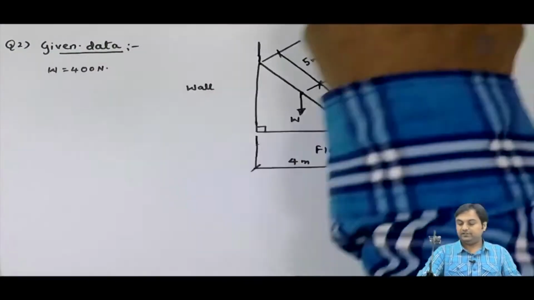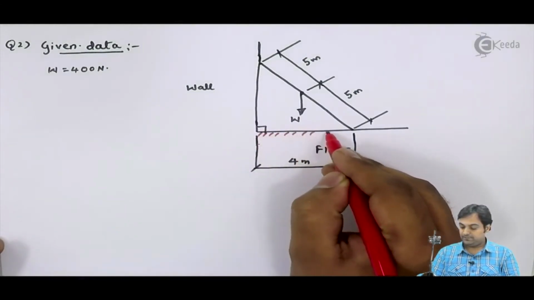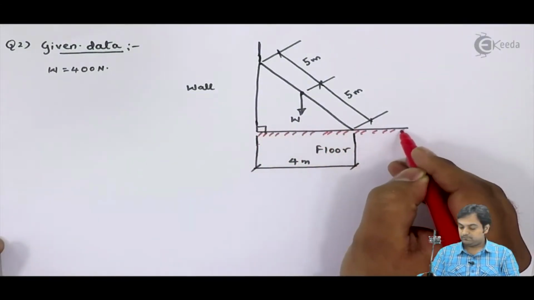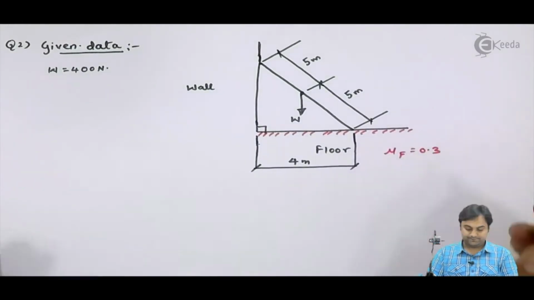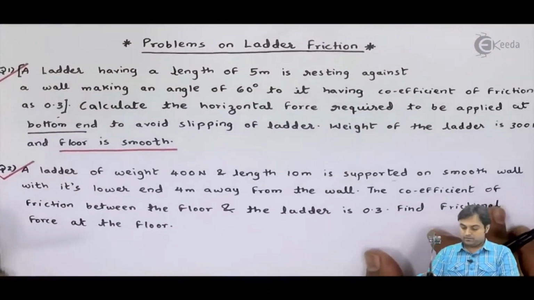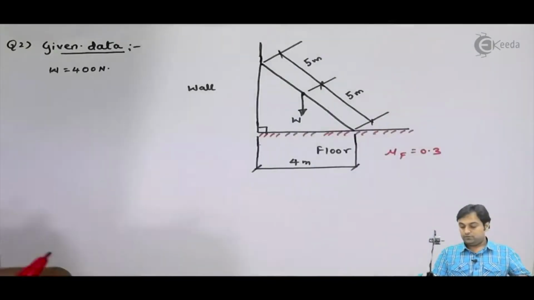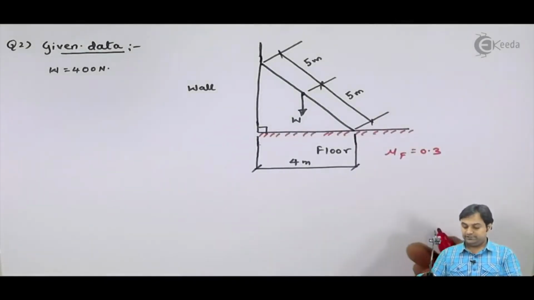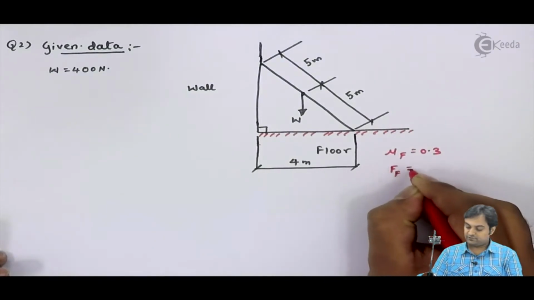So they have given us that there is friction between the floor and the ladder, and the value of coefficient of friction is 0.3. The question is, find the frictional force at the floor. So here we have to calculate the value of F suffix F, friction force at the floor.